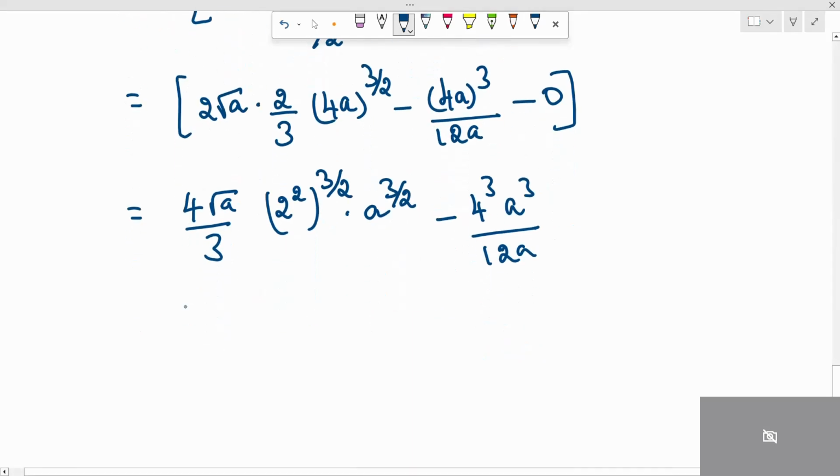Now we can write 4 by 3, here we can remove this 2, 2 cube is 8, into 8, root a is there, root a is nothing but a power 1 by 2, here one a power 3 by 2 is there.